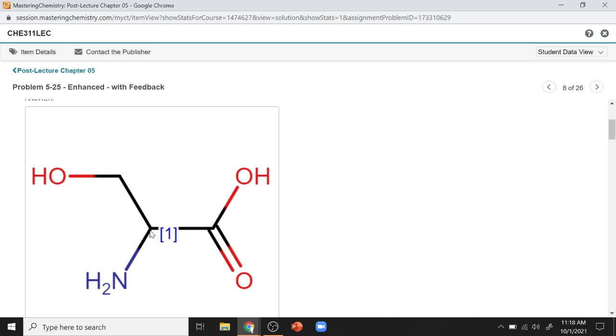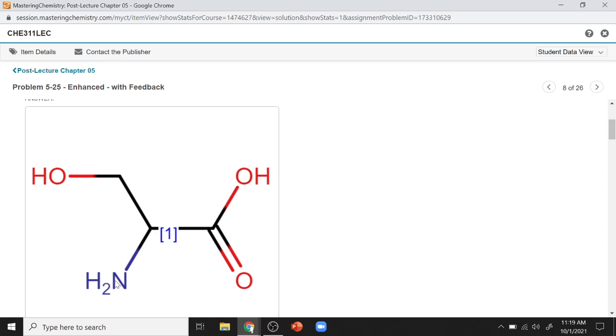That would be like your hands, isn't it? This right here, this carbon has a hydrogen that's not being shown, right? Because all carbons have 4 bonds to them unless they have a positive or negative charge, right? And so you have your hydrogen, that's 1.